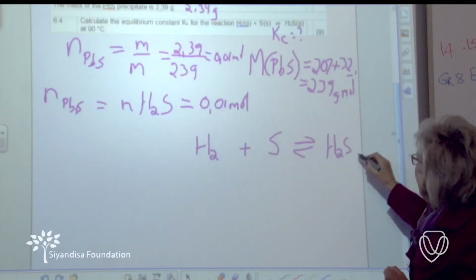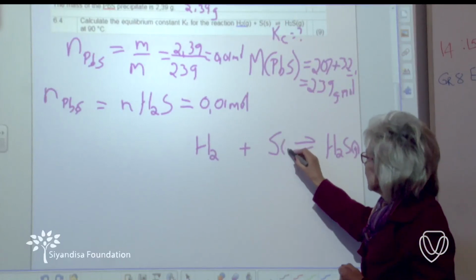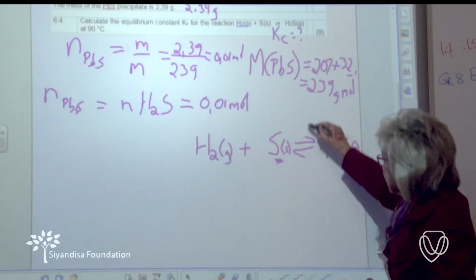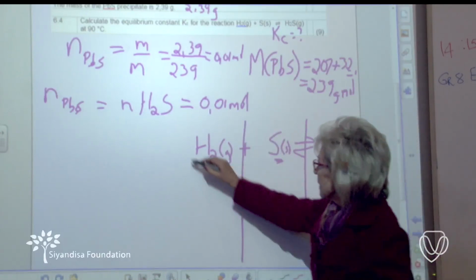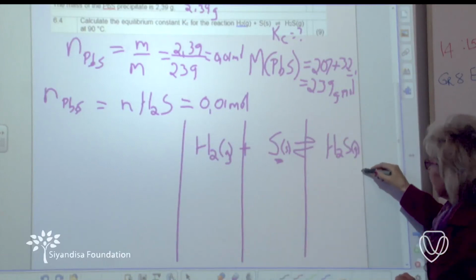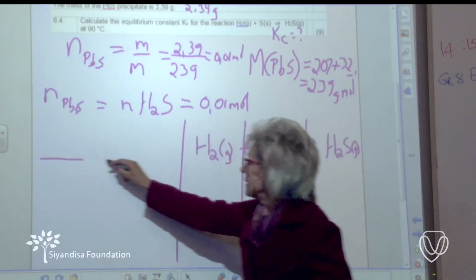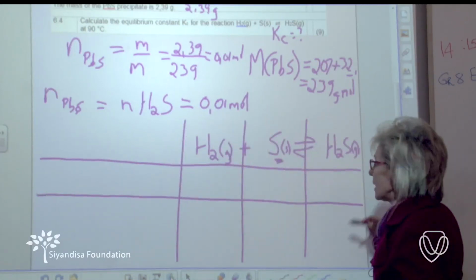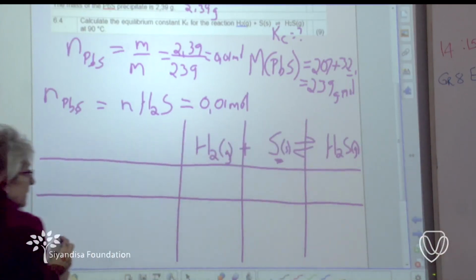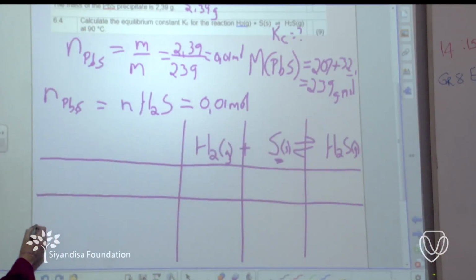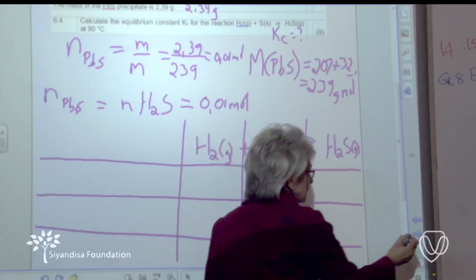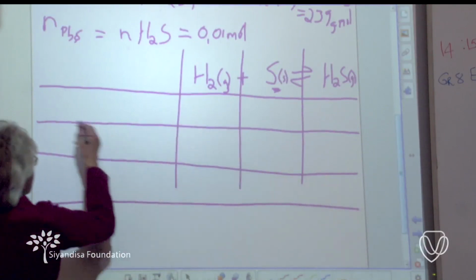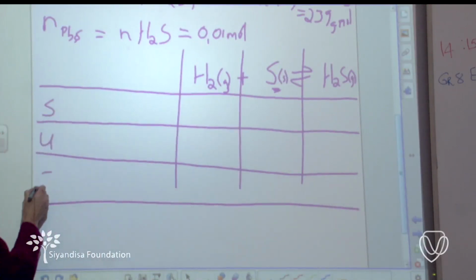And it's necessary to add the states so that you'll remember we do not use the solid state for our calculation. So each formula in the equation is a heading in my table for a column. I've got one extra column on the left-hand side, and my different rows in my equation, I use the girl's name, Sue.